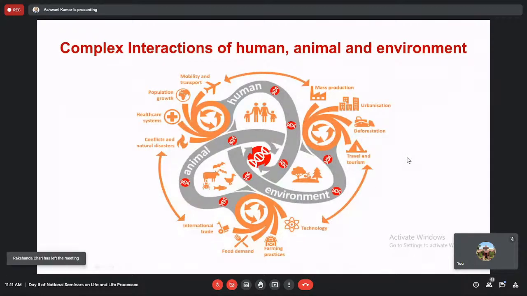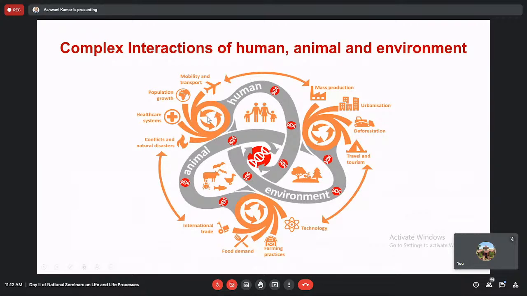This slide beautifully summarizes what happens over a period of time when there are conflicts and natural disasters. Many of the disasters, as we know, are man-made now. Global warming is one, and health systems' insufficiency, population growth, which is always on the rise, and of course mobility and transport due to globalization is increasing, thereby increasing the contact between humans and animals.